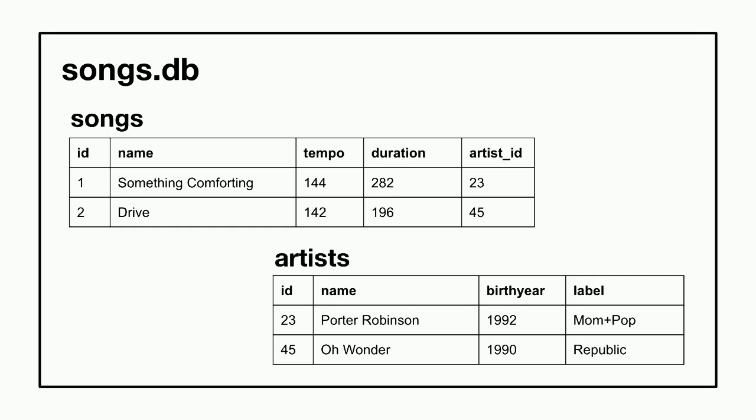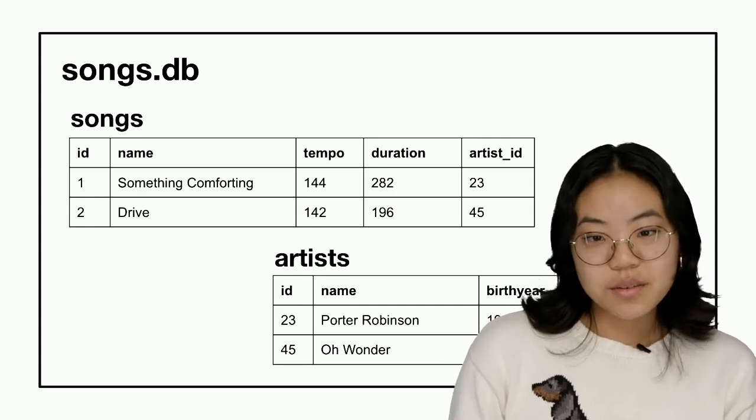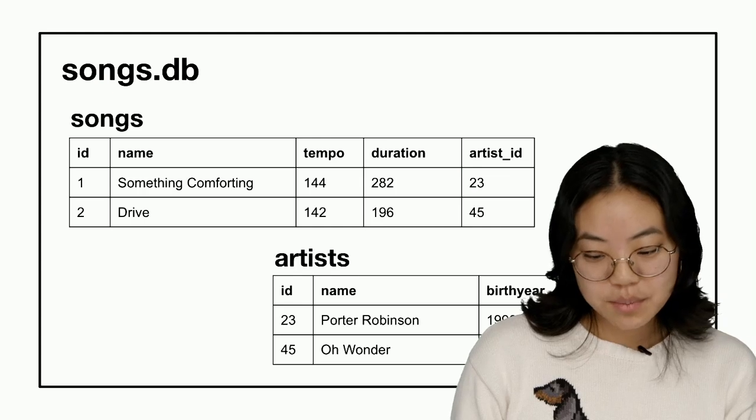And so my artists table is going to store for each row a different artist with their name, their birth year, and what label they're assigned to. And so artist ID is a way of relating songs to particular artists. Something David also talked about in lecture was one-to-one, one-to-many, or many-to-many relationships.